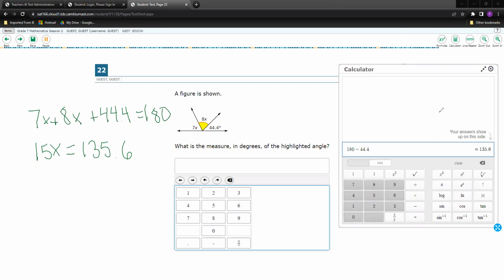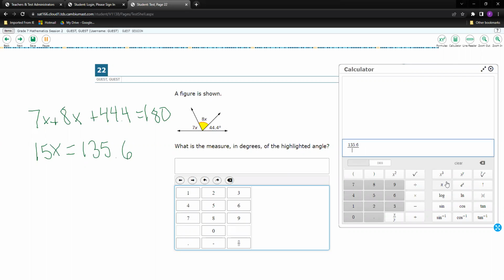So let me clear this just in case, since I have it written on the side. So I'm going to clear and type 135.6 divided by 15. And I get that each 1x is equal to 9.04.